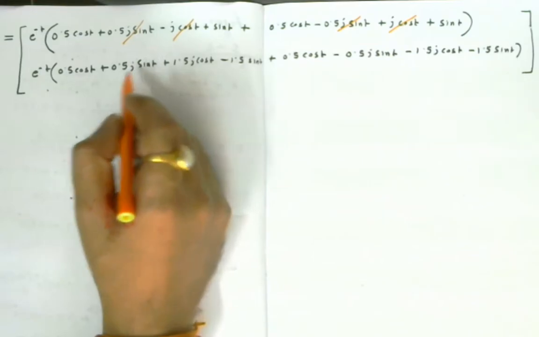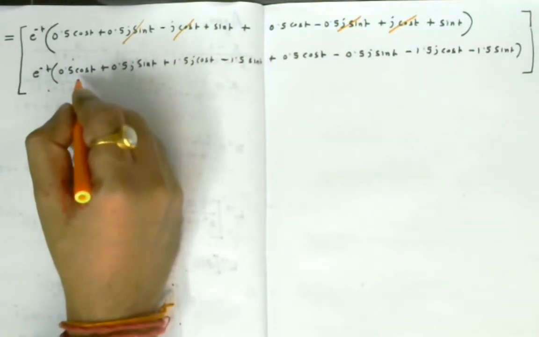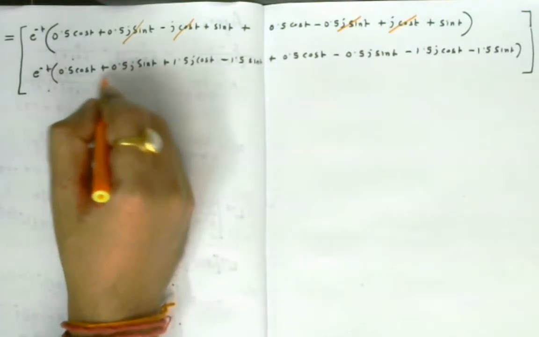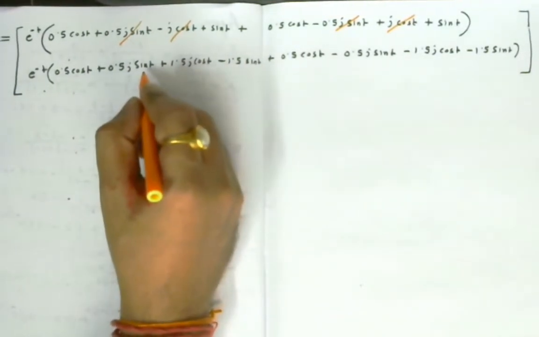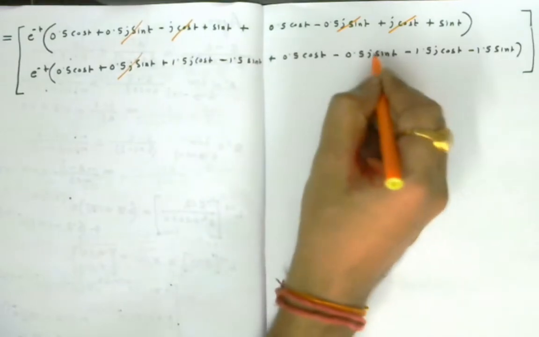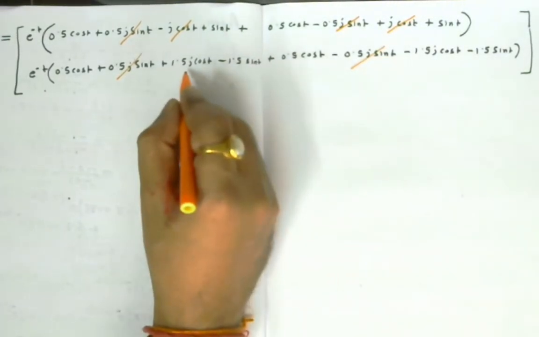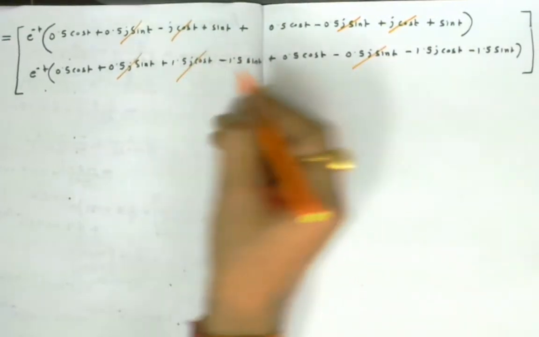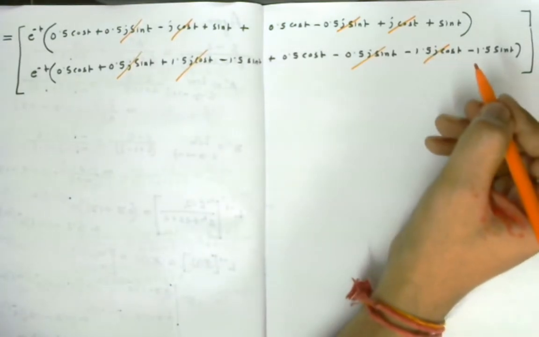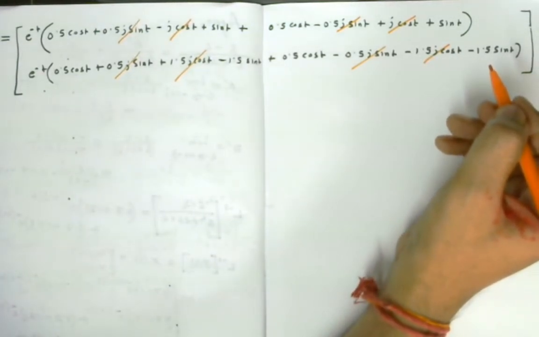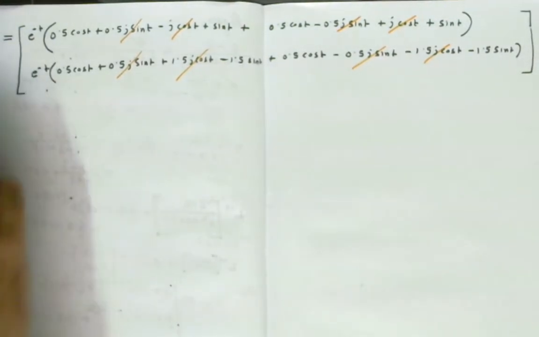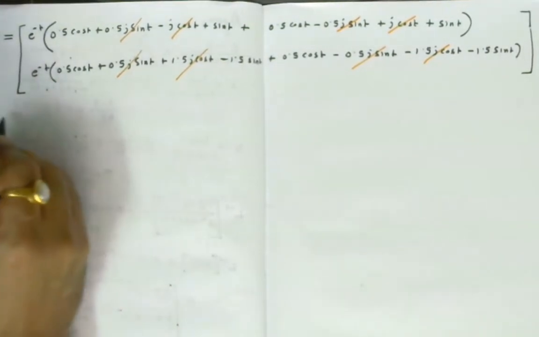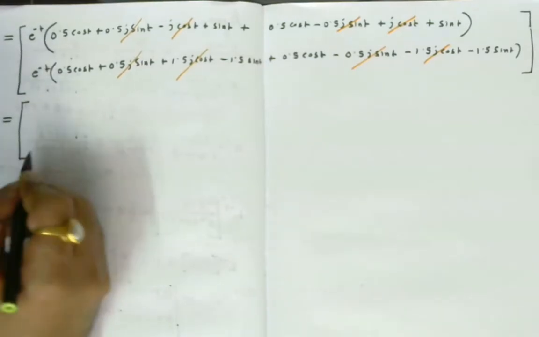See the below expression. 0.5 j sin t minus 0.5 j sin t, 1.5 j cos t minus 1.5 j cos t cancel. Now it's all right.